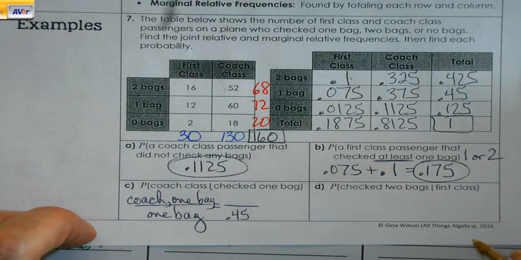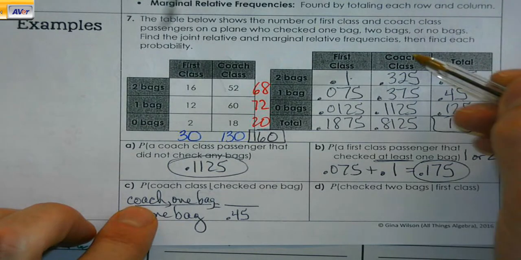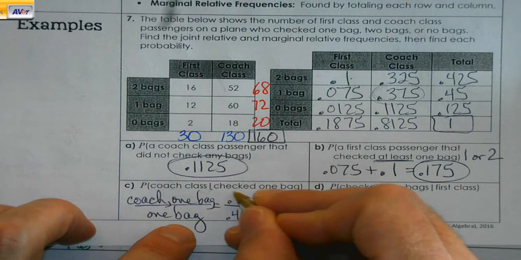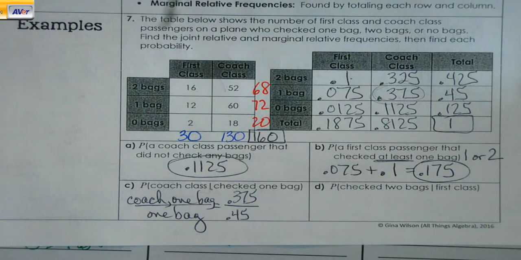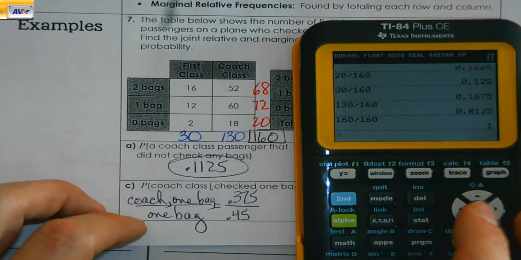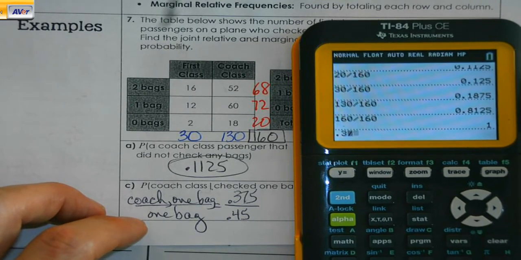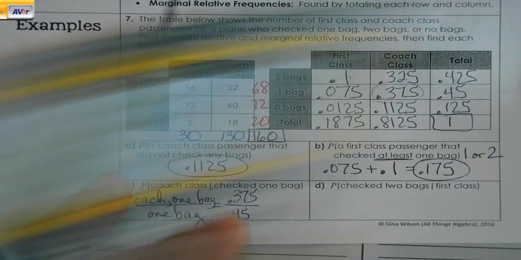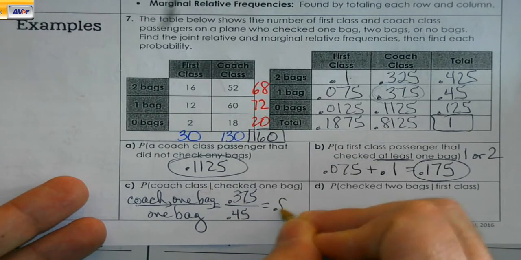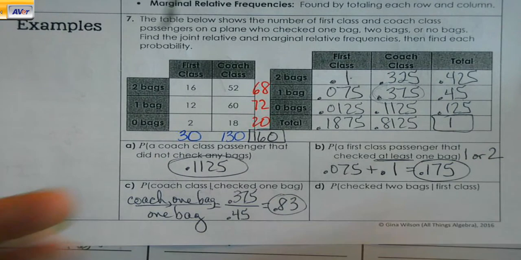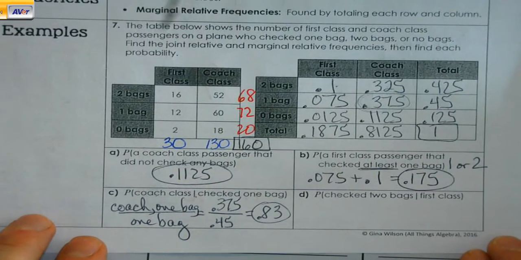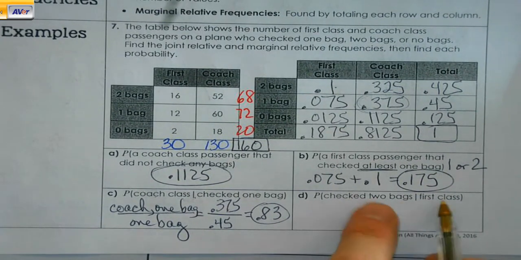Coach, 1 bag. Take that value. And then we're just going to divide them. So like 0.83. So I basically am telling myself if they check the bag, they're probably in the coach class because 83% of them are. Okay, same idea on the last one.